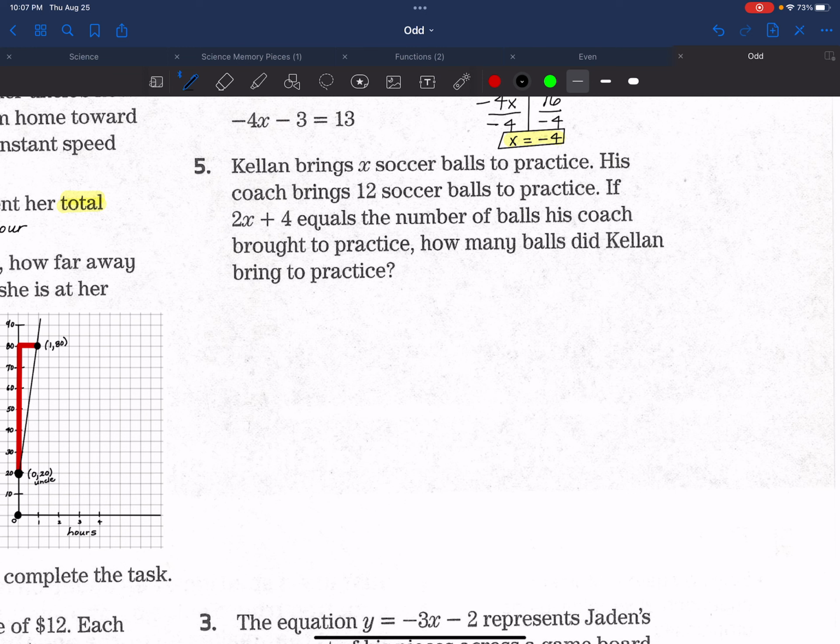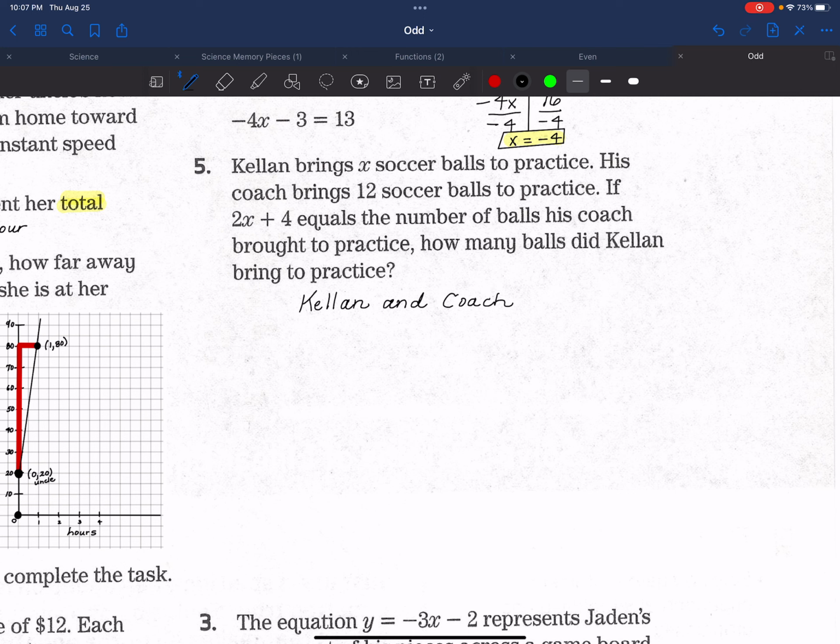So we are going to set up this scenario. I'm going to set it up in words first. Kellen brings some soccer balls to practice, and the coach brings some balls to practice.